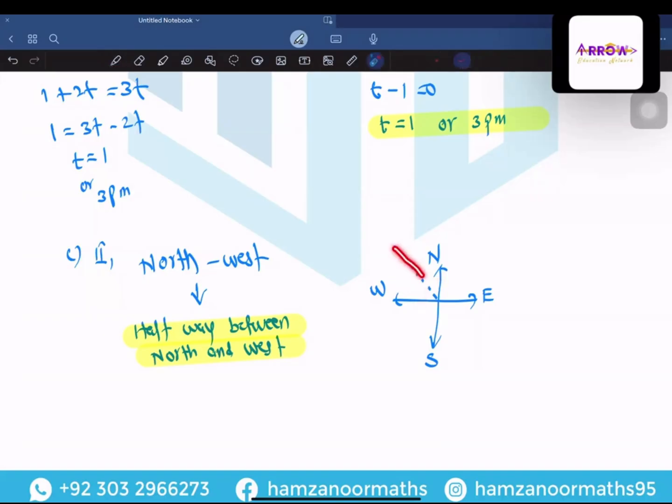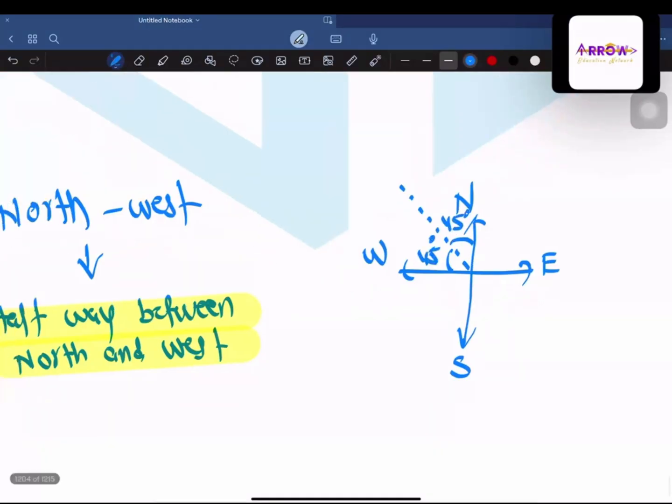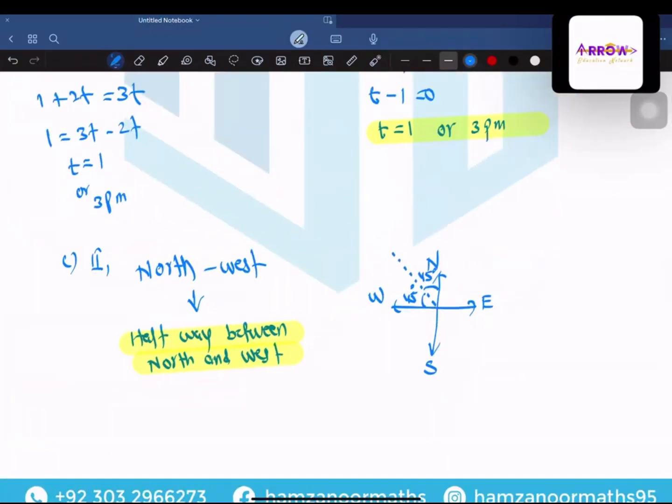This line would act as an angle bisector of this complete angle. So this angle would be 45 degrees and this angle would also be 45 degrees. Agreed with this? So this is the whole scenario going on over here.